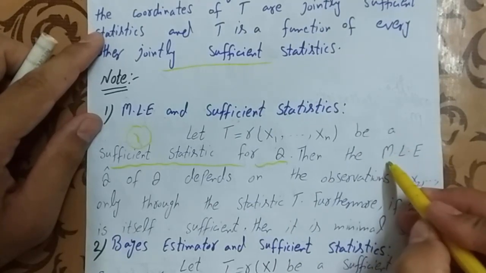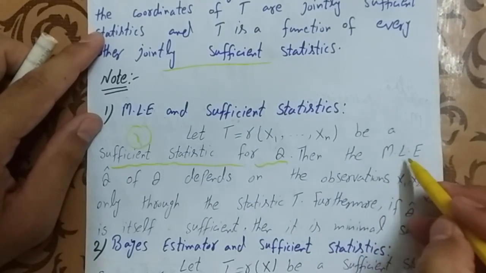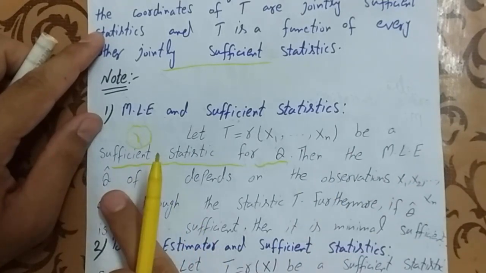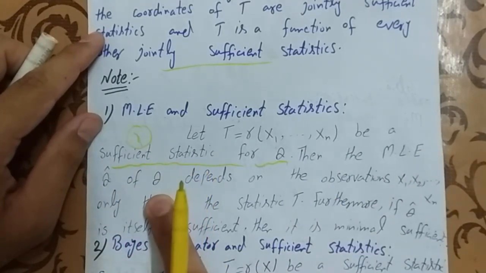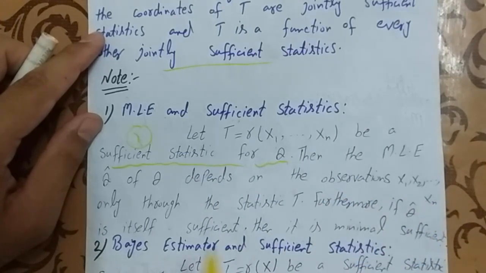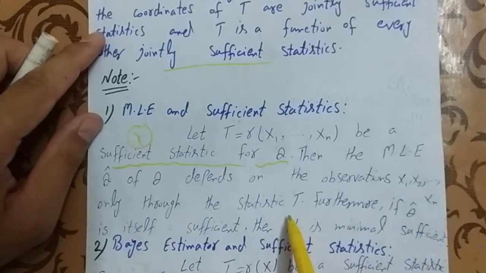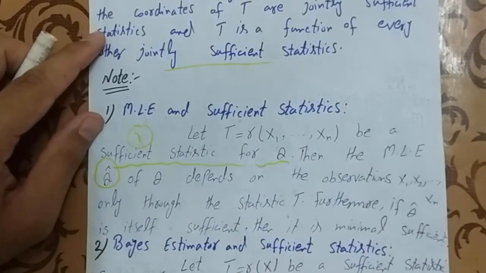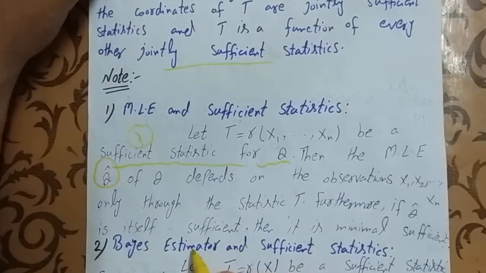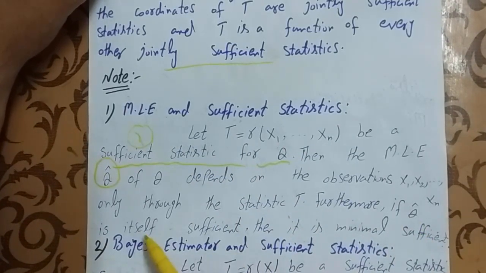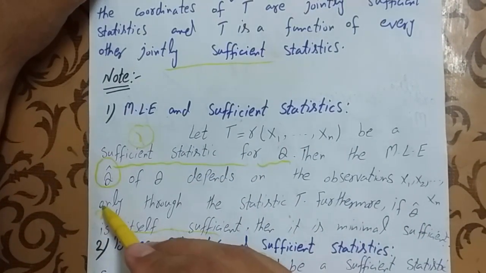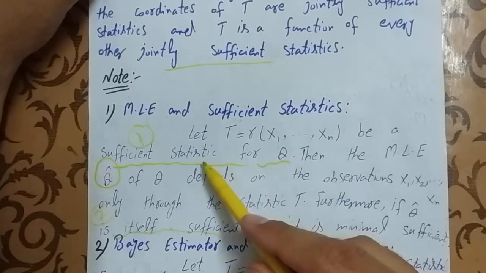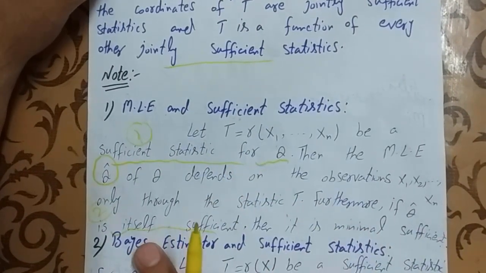Then the maximum likelihood estimator theta hat of theta depends on the observations only through the statistic T. Then, first of all T is sufficient and theta hat is itself sufficient, meaning two things: T is sufficient and theta hat is also sufficient.